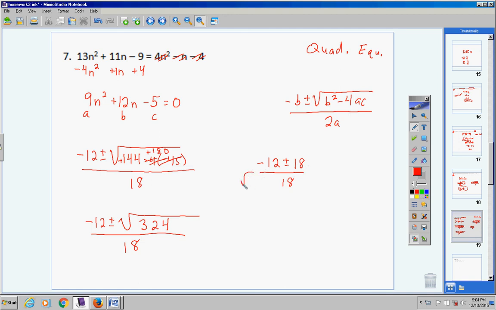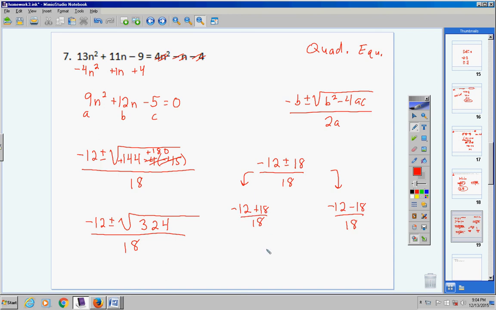Now, split this up into two fractions. Don't try shortcuts where you start crossing things off. Just take your time and do what's right here. Negative 12, take your positive sign, positive 18 all over 18. Then negative 12 minus 18 all over 18. Okay?